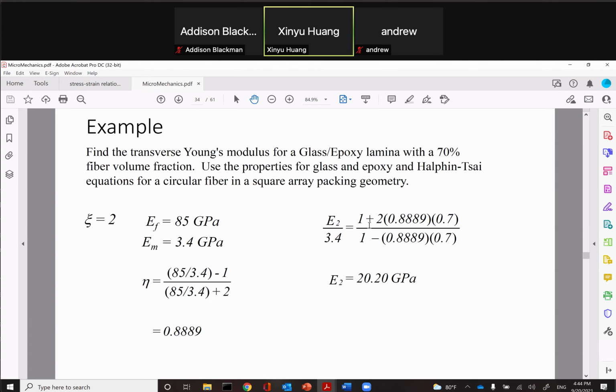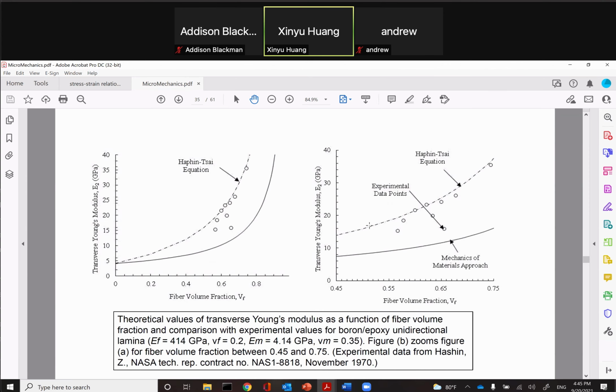So this is an example, a numerical example. You can calculate using these parameters. This is a validation of those models. You can see that compared to the rule of mixtures, for transverse property, the Halpin-Tsai equation did a much better job. It's almost like curve fitting.